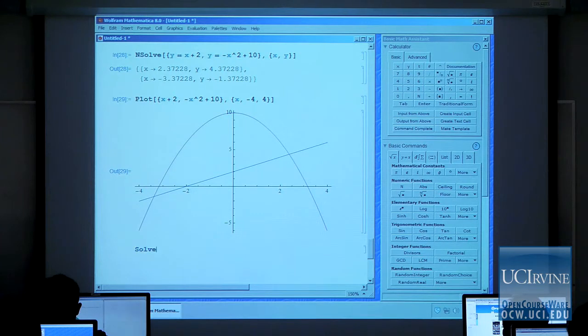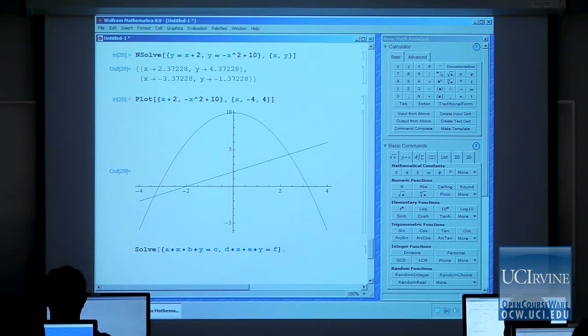We'll say solve a times x plus b times y equals c, and then d times x plus e times y equals f.